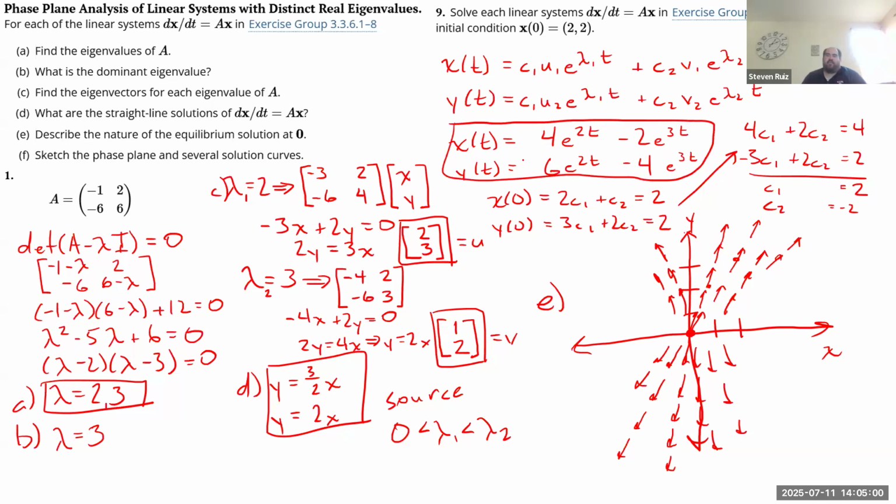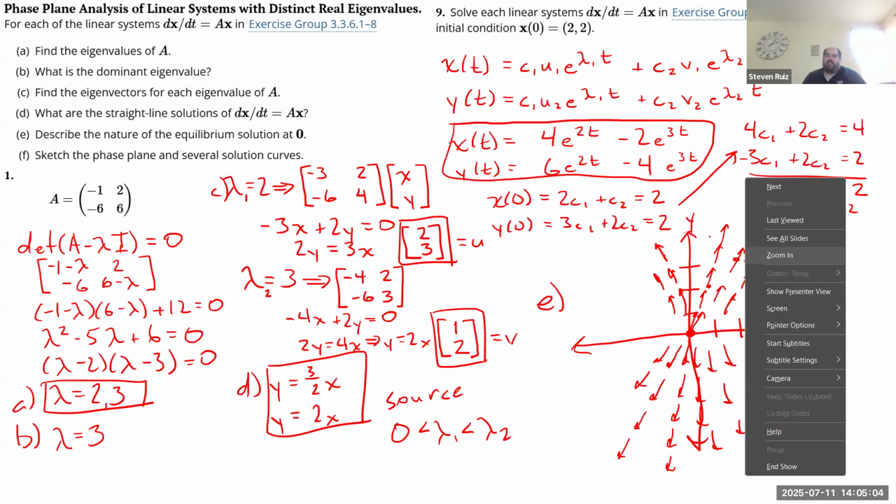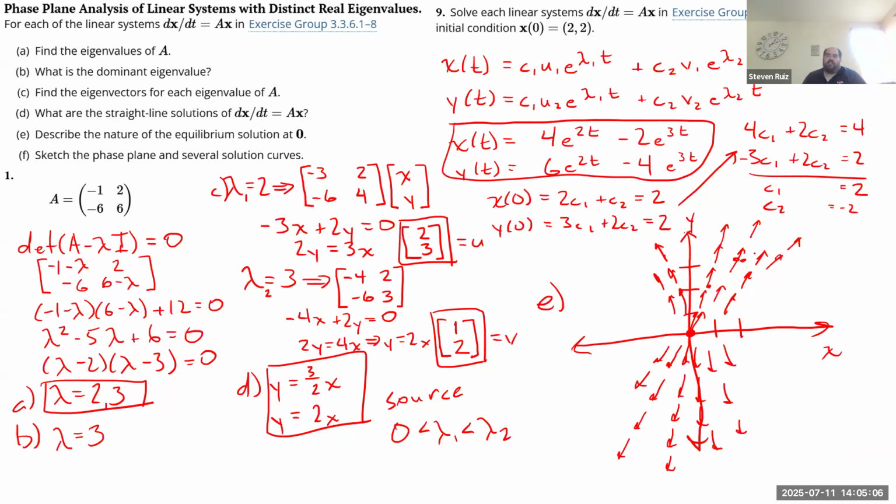The last thing I want to do here is actually plot a curve that mimics 2, 2. So I've already tried to draw in the vector field, so I can follow this out a little bit and follow it backwards.